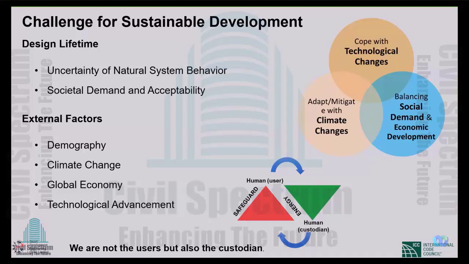This dynamics is very important. We have to understand the people. We have to understand the environment for sustainability. So the challenge is that both are very dynamic in nature. This is important: what are the things that are changing? External factors drive these changes: the natural system, which produces goods and services to society, and the demand from society based on economic development.